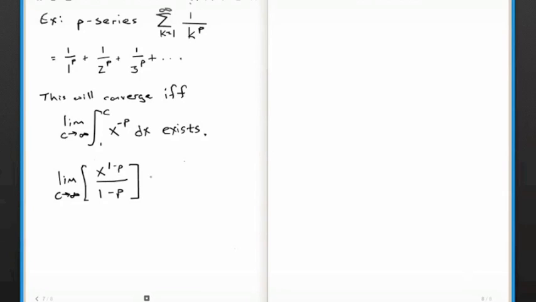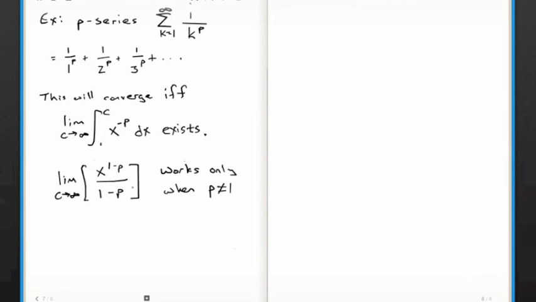Now this will obviously not work when p equals 1. It works only when p is not equal to 1.